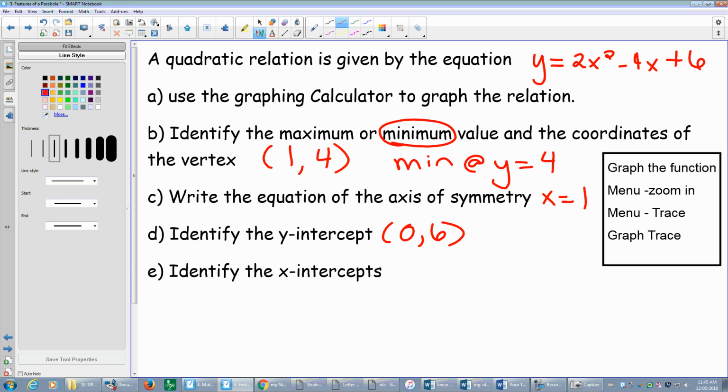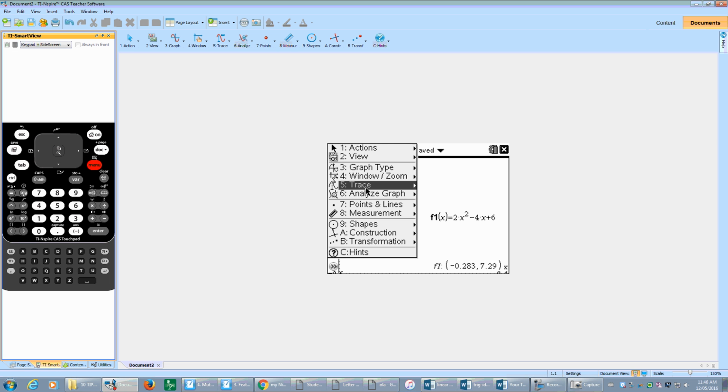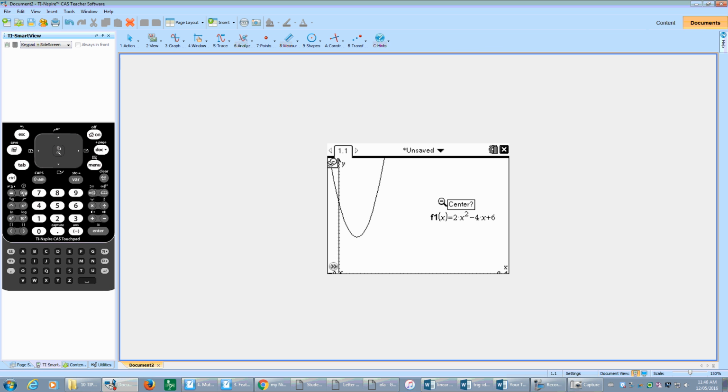Now, identify the x-intercepts. Okay, so watch my graph here. You don't have to do this. Can anyone tell me where this graph crosses the x-axis? It doesn't.